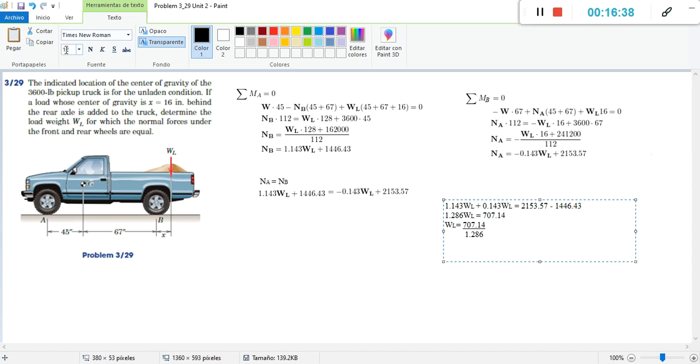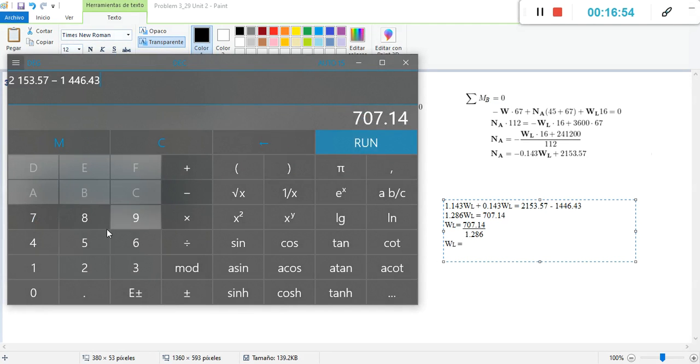And after that division, we have that the weight of the load, we're going to make this division, it's 707.14 over 1.286.